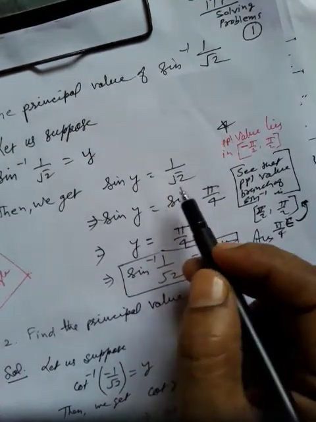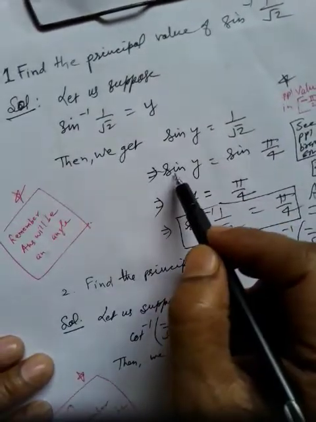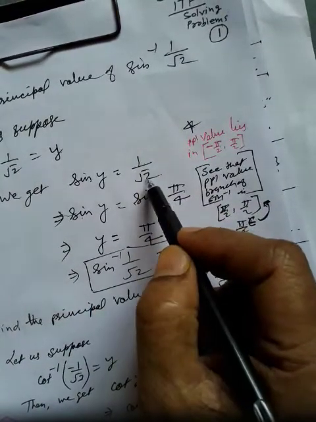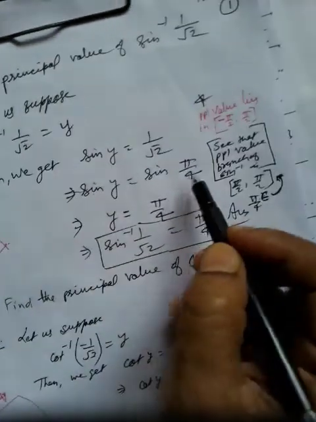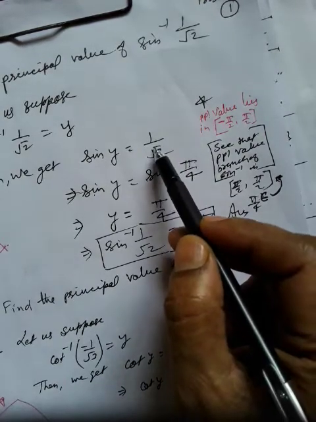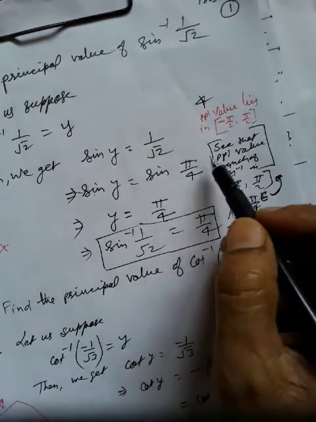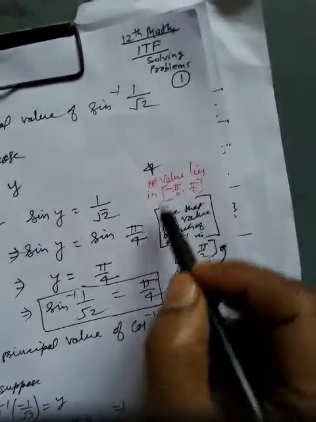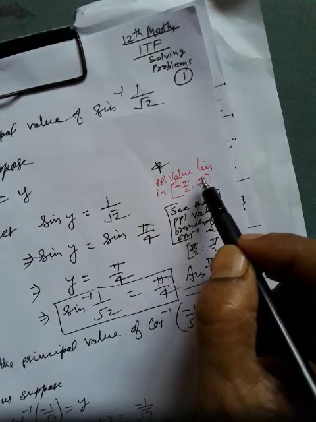After getting this, you will find the value of this one in terms of sine. Please see, this is a very important thing. See, dear children, 1 by root 2, we can write sine y is equal to sine pi by 4. Here one thing is very important: this value we can get for many angles, but the theta, whatever you are putting here, must be under the principal value branch.